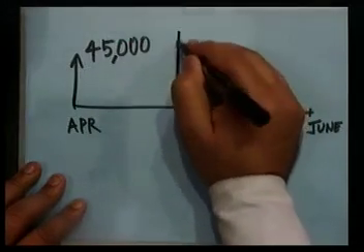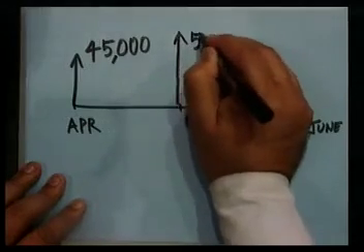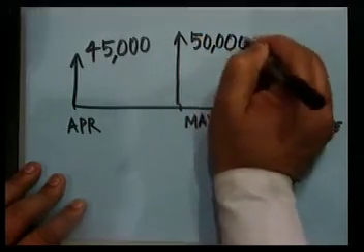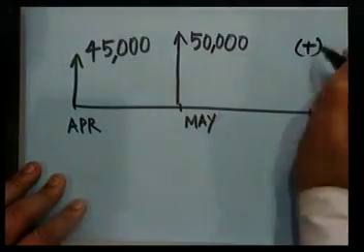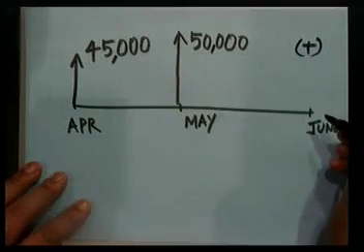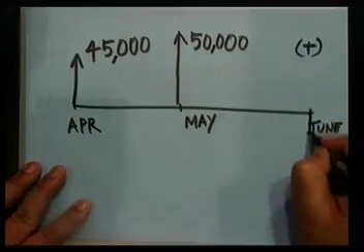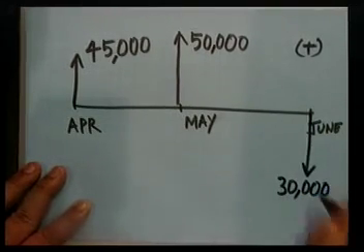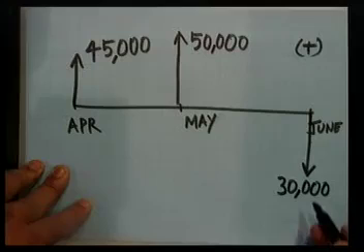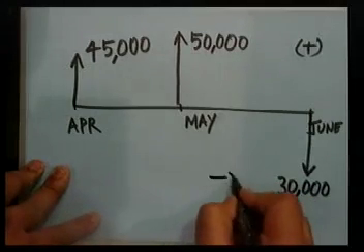For the month of May, resultant is 50,000 in upward direction, plus sign. For the month of June, the resultant is 30,000 in June, in negative side.